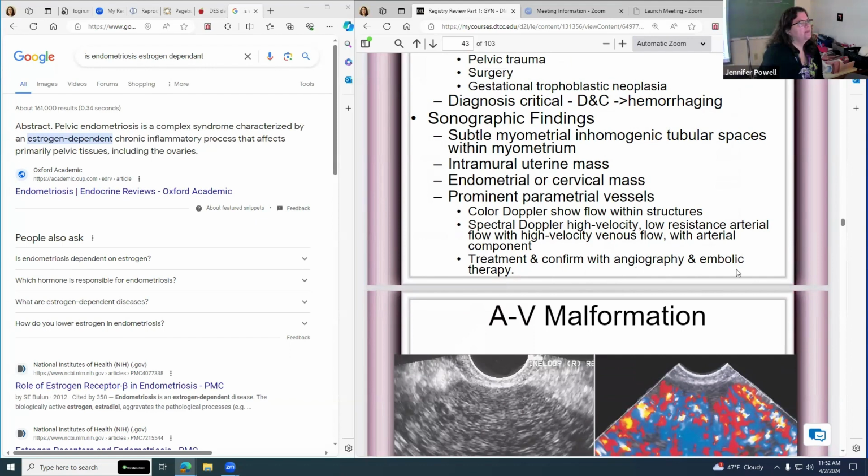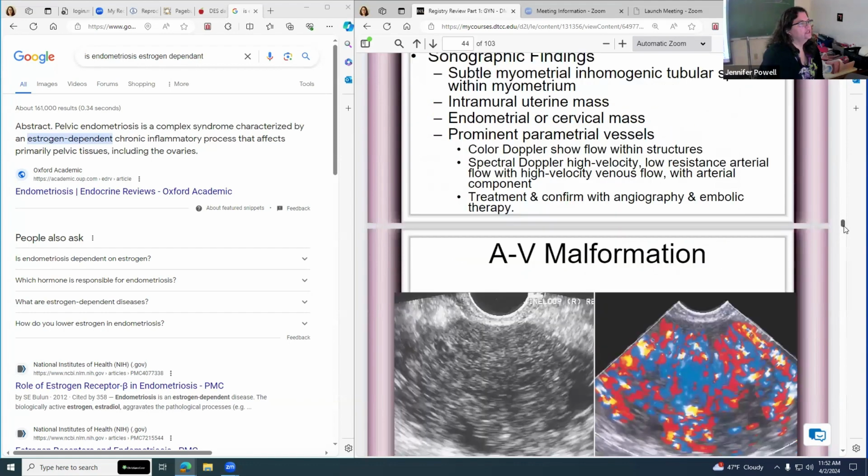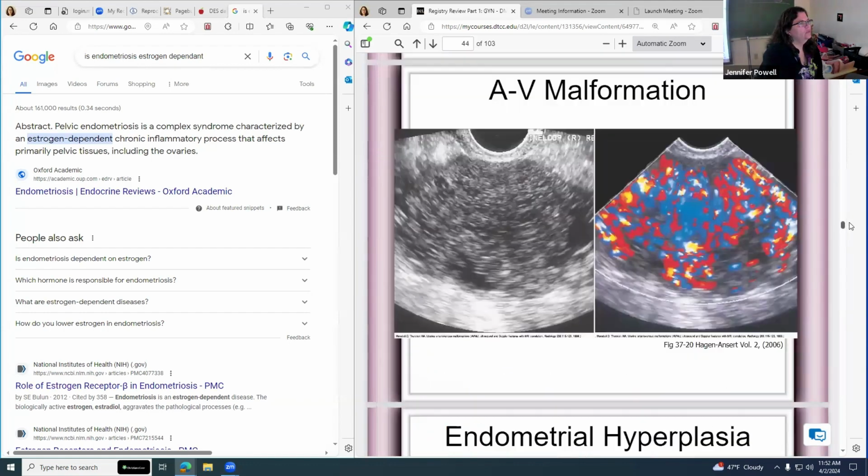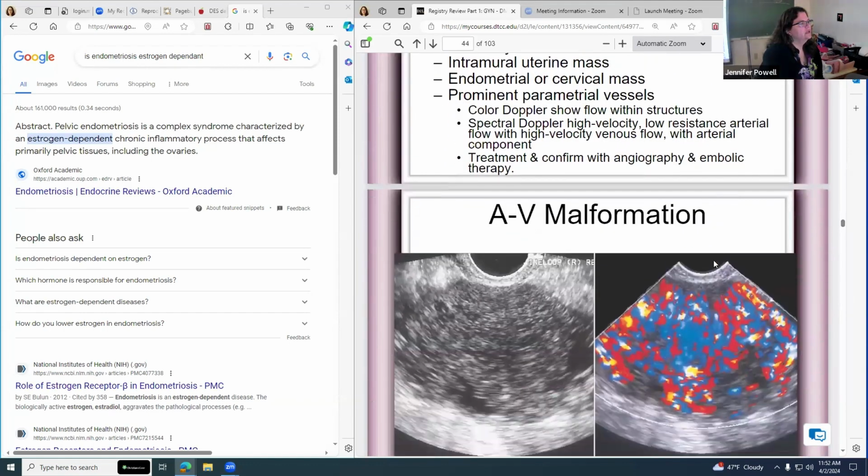Treatment, and confirm with angiography and embolic therapy. So what they do for this is what it looks like. So you can see this is highly, highly vascular. So they would go in there and embolize these veins and arteries. Embolization, does everybody know what that is?